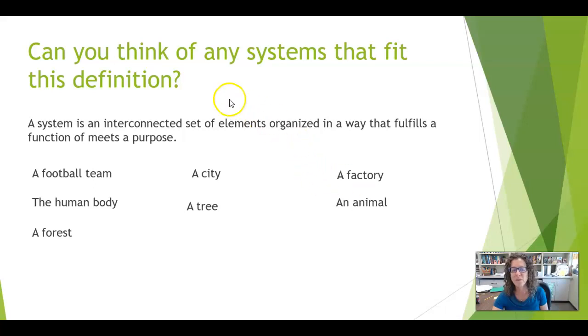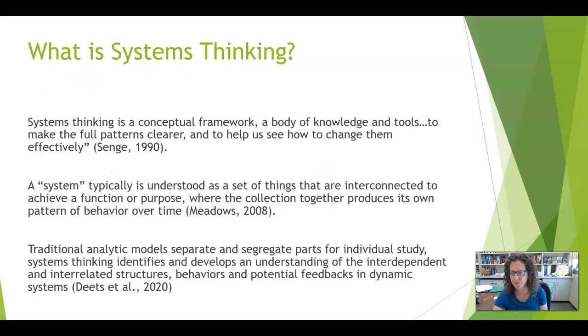For example, we can replace a particular player on a football team, but if the interconnections and the purpose remain the same, we're still looking at a football team. We can replace a particular employee in our factory, but if the interconnections among employees and the purpose of the factory remain the same, we're still looking at the same system.